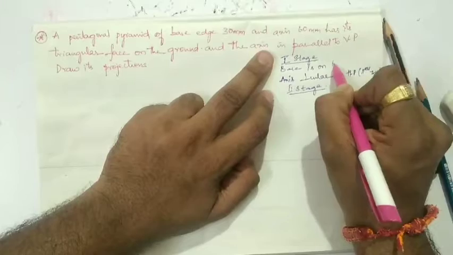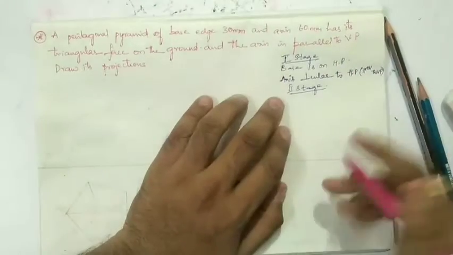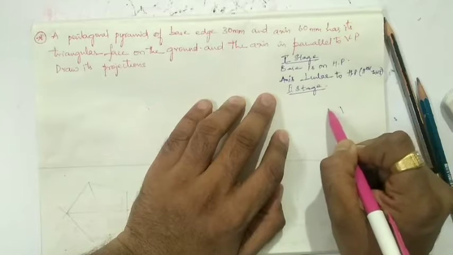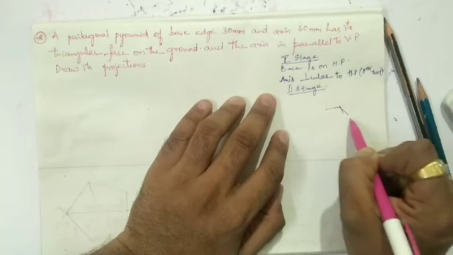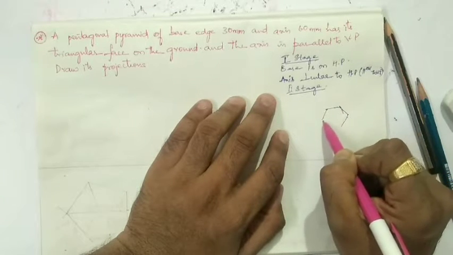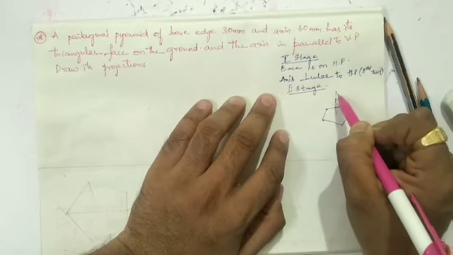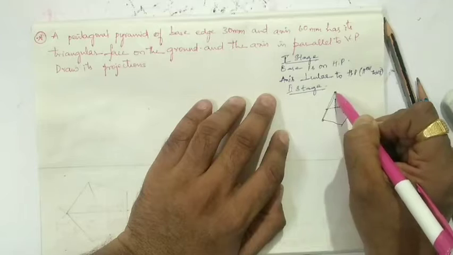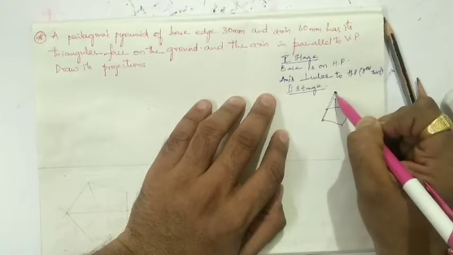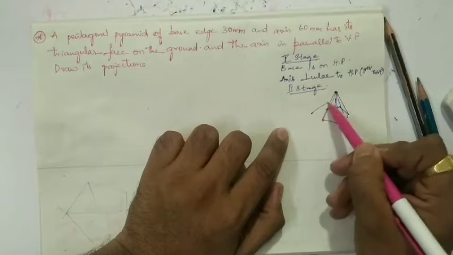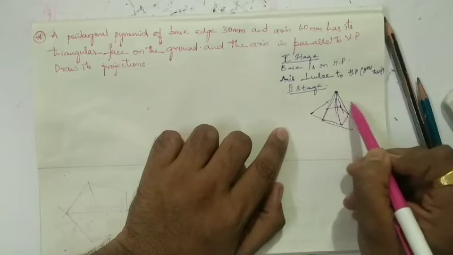Generally, I'll draw a rough figure. So this is the pentagonal pyramid which is supposed to be on the HP.